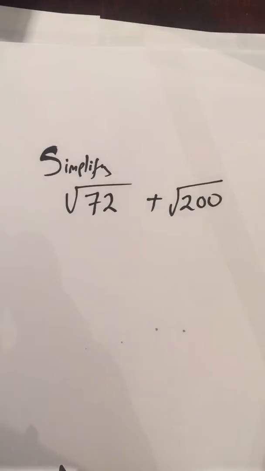So what would you do? Surds. Think about it. What would you do if you have to leave your answer in the form something root 2, or in the simplest form?